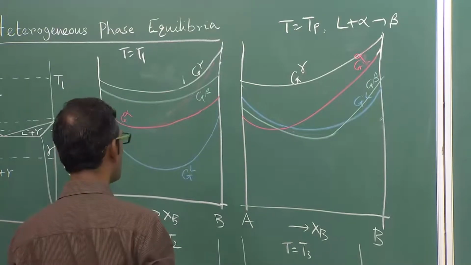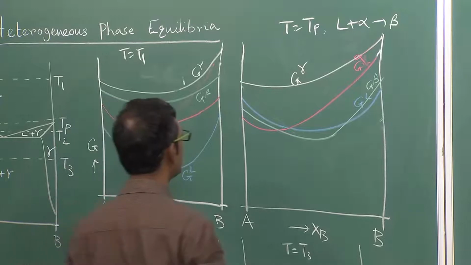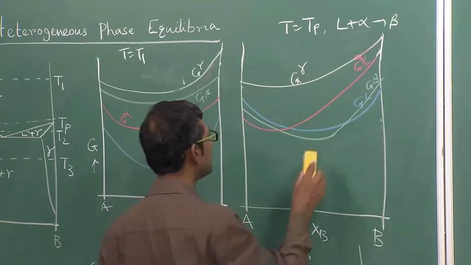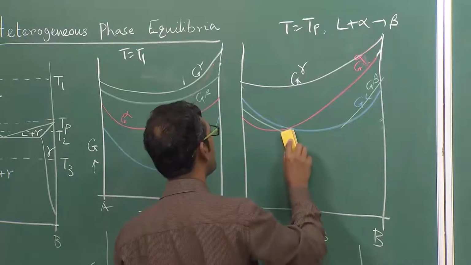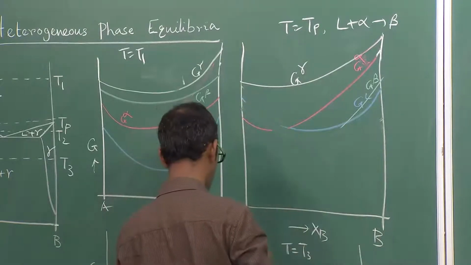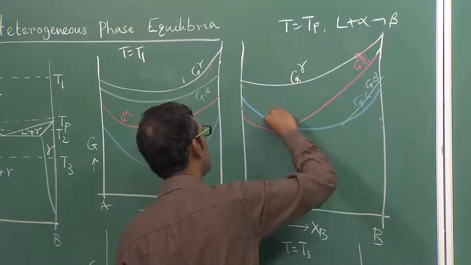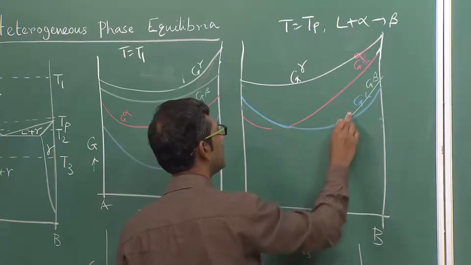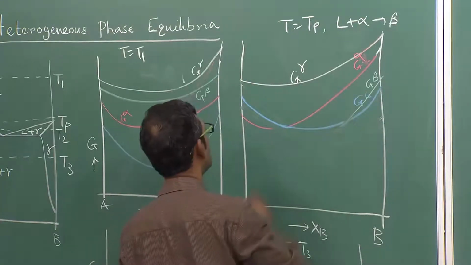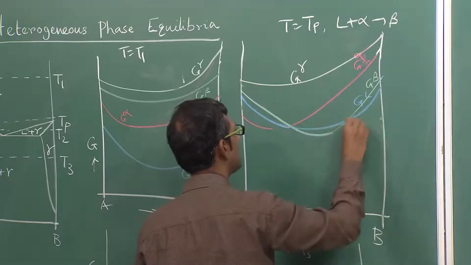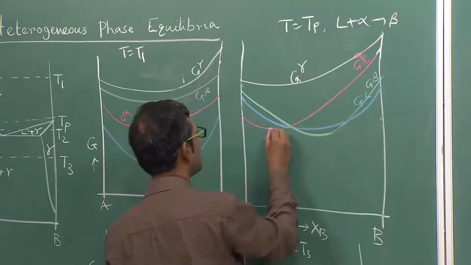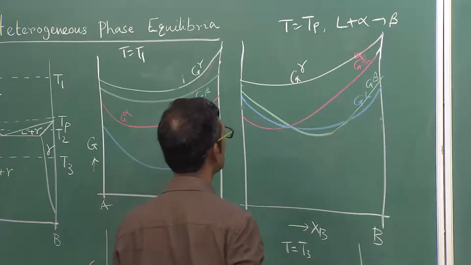So first thing we will draw a tangent between 3 curves. As you clearly see, it is difficult to draw a tangent between 3 curves. So what we should do, you should basically move up this curve a little bit, then you can draw it. Otherwise it will look bad. Oops.